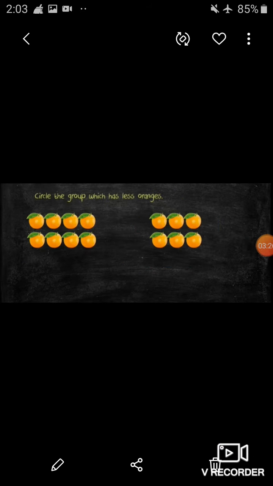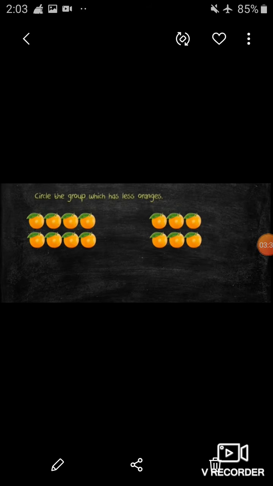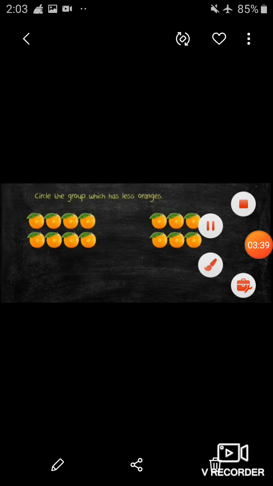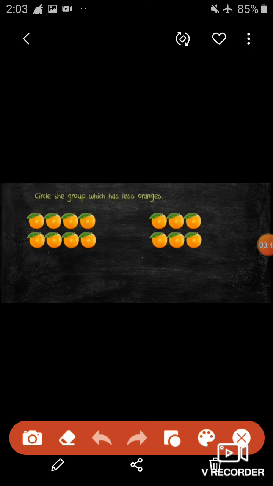Look here, next question. Circle the group which has less oranges. So students, let's count the oranges in both groups. In the first group, 1, 2, 3, 4, 5, 6, 7, 8.